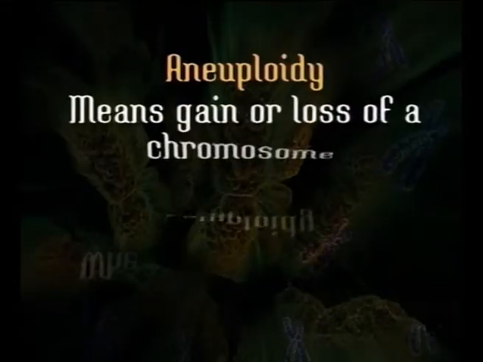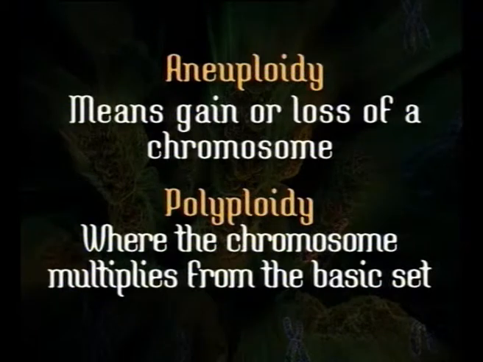There are two types of variations which occur in these chromosomes. One is the numerical variation, which includes aneuploidy, meaning gain or loss of a chromosome, and polyploidy, where the chromosomal complement multiplies from the basic set.